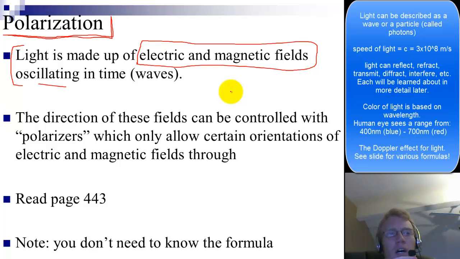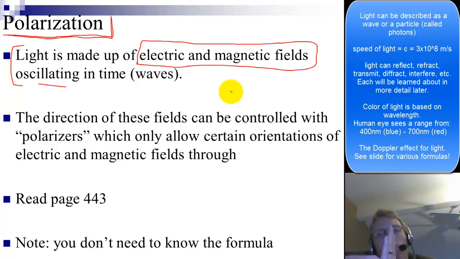And so there's other things in nature that cause certain orientations of these electric and magnetic fields. One of the most important ones is glare. So when light reflects off of a metallic surface, it reflects in such a way that all of the light's electric and magnetic fields are oriented a certain way.